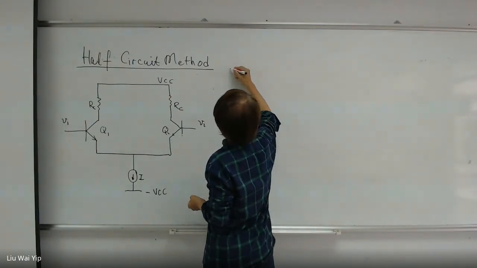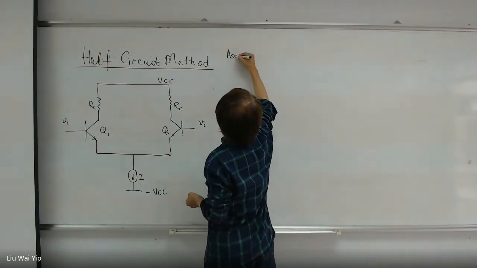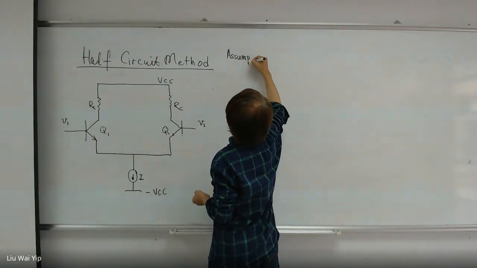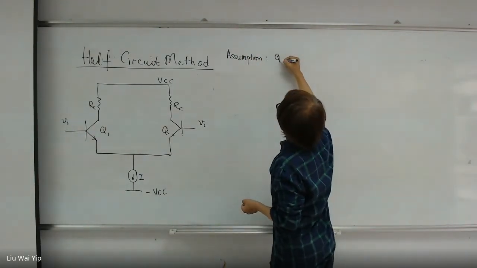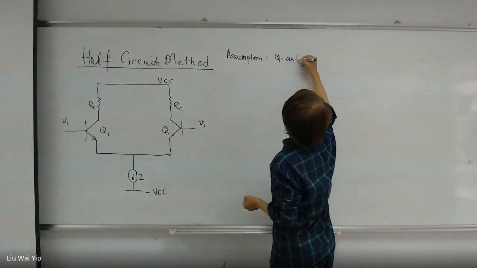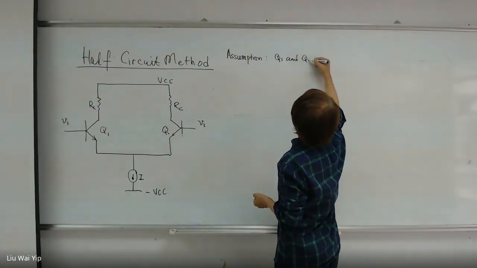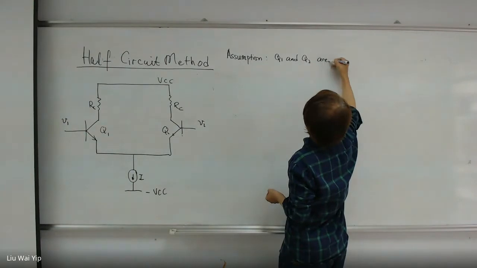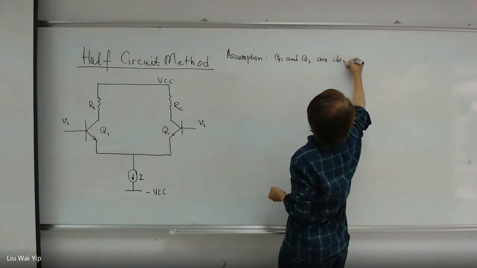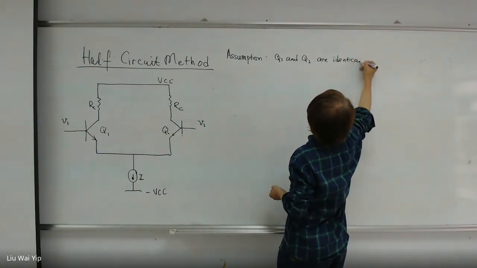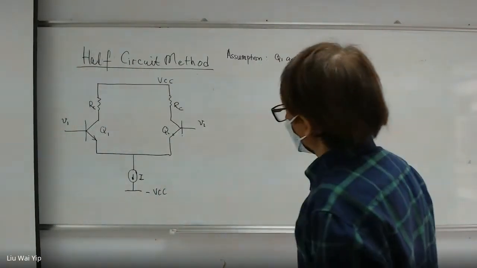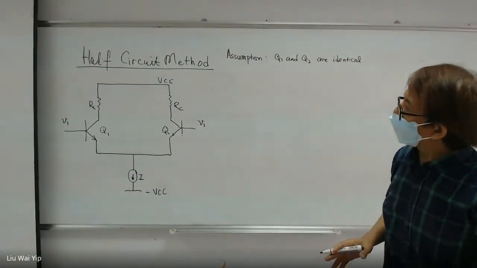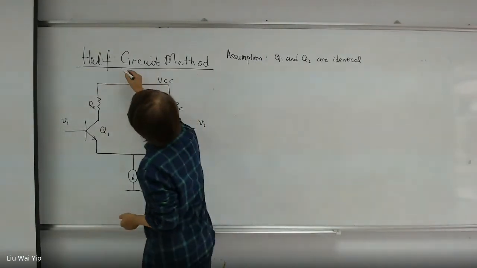So, assumption: Q1 and Q2 are identical. And we are going to use the so-called half circuit technique.